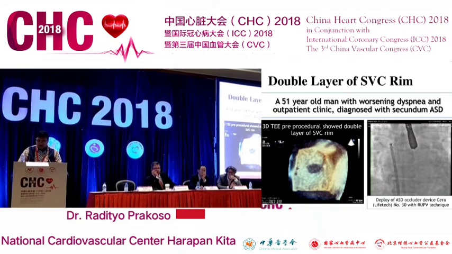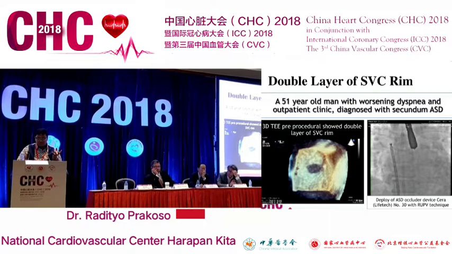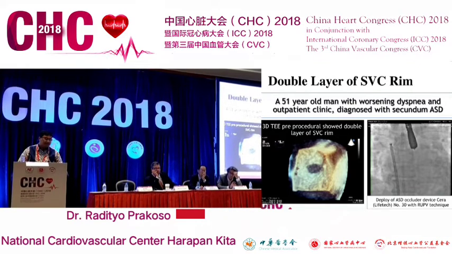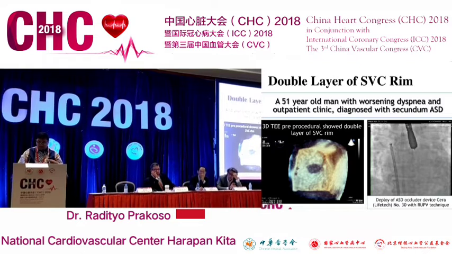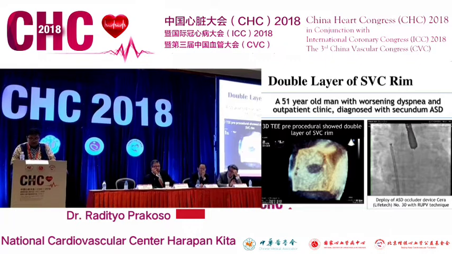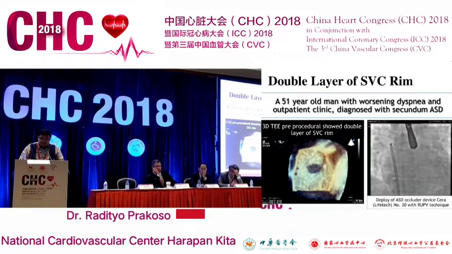Then you see on the right side, we deploy the device in the pulmonary vein, and then put the right atrial disc, and then I push and pull gently, and the device sits in that position.